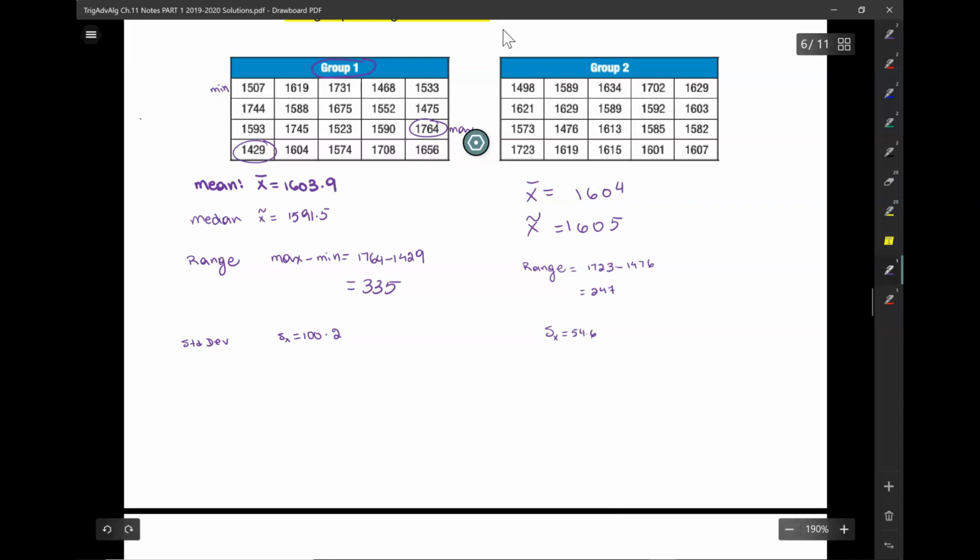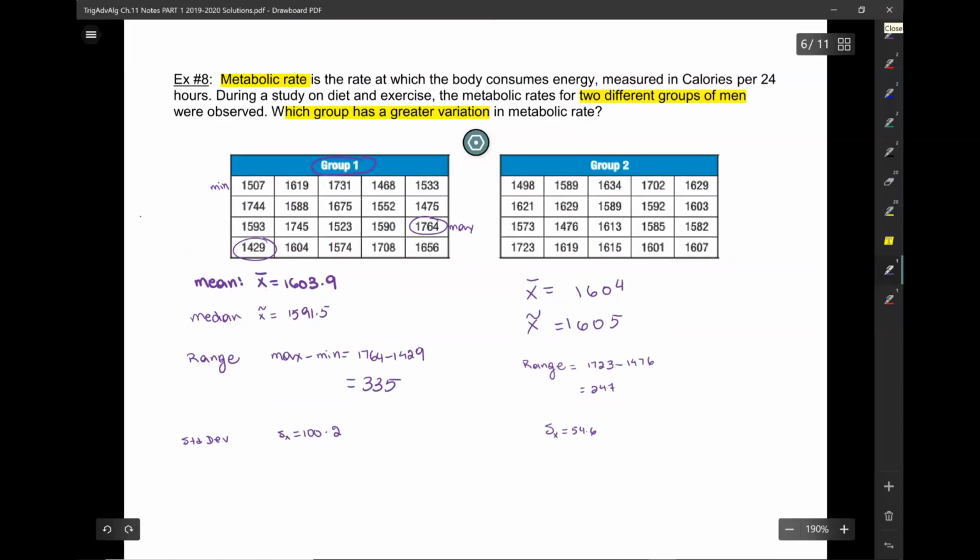We're going to look at a couple of different things. So we're looking at which one has a greater variation. It means in which of the two groups are the data points more spread apart. All right, so let's take a look at the first one here. The mean is 1603 and the median is 1591.